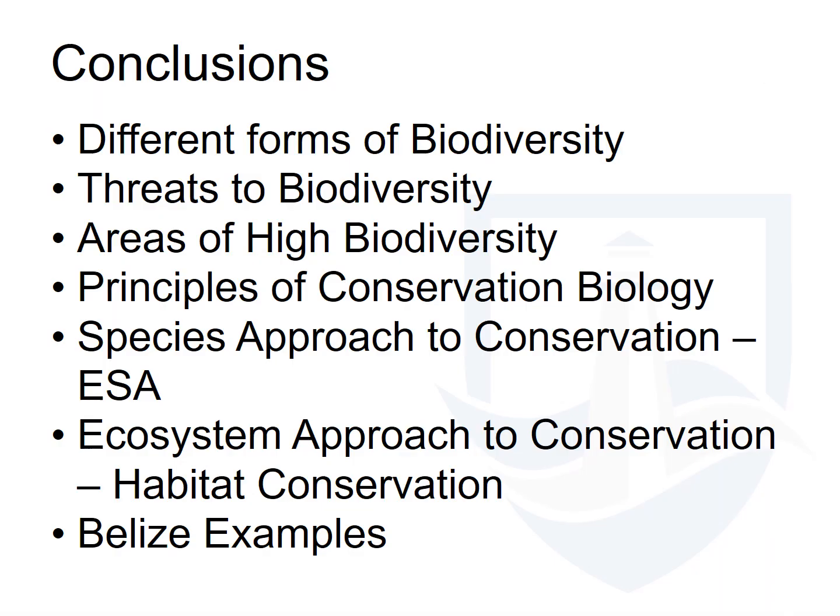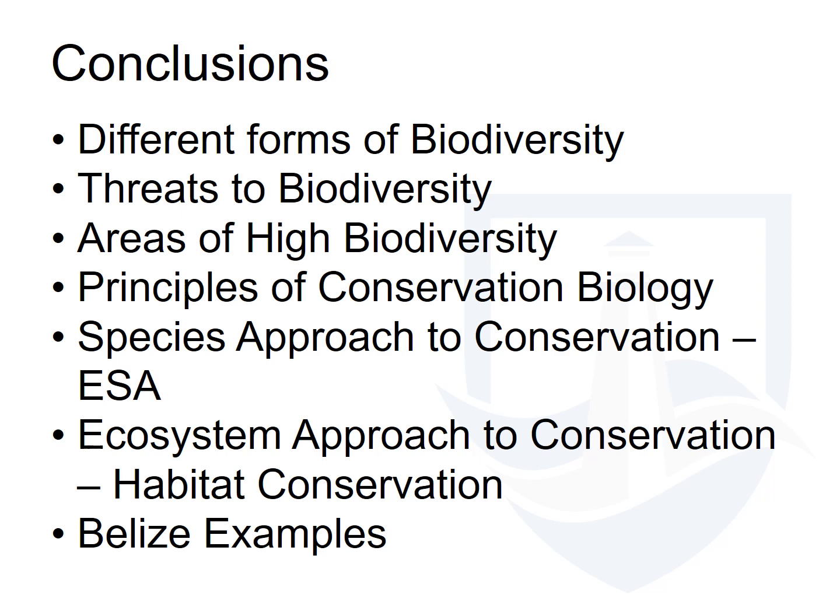So in conclusion, we looked at different forms of biodiversity: ecosystem diversity, species diversity, and genetic diversity. All three are important. Ultimately, we focus on species diversity. We looked at different ways that they're threatened, areas of high biodiversity, especially with endemic species, rare, that only live in one place.